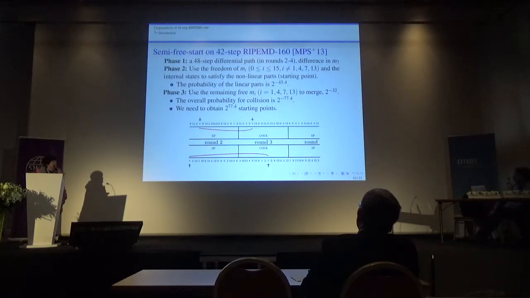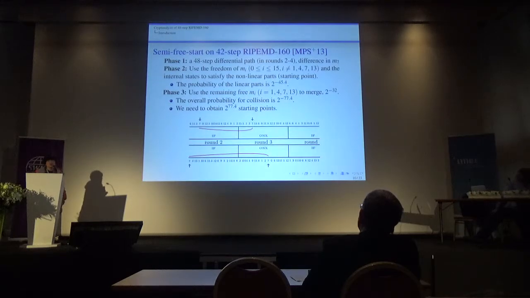Then use the freedom of some of the message words and the internal states to make sure the non-linear parts hold with probability almost 1, and get some starting points in both branches, and then compute backwards and use the remaining freedom of some of the message words to merge.